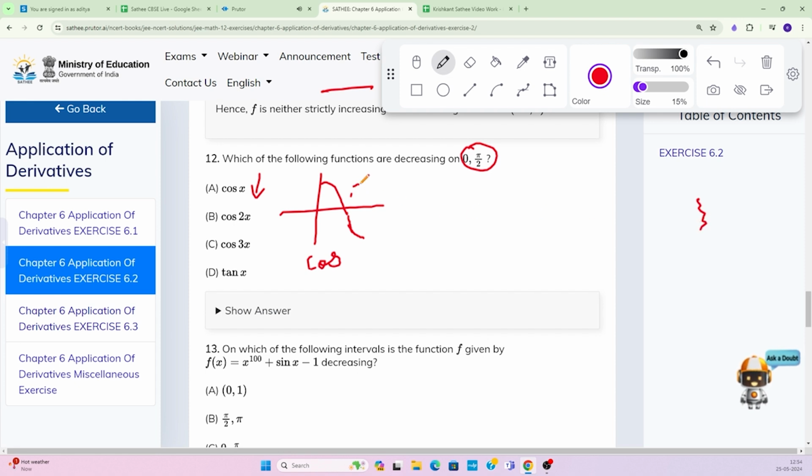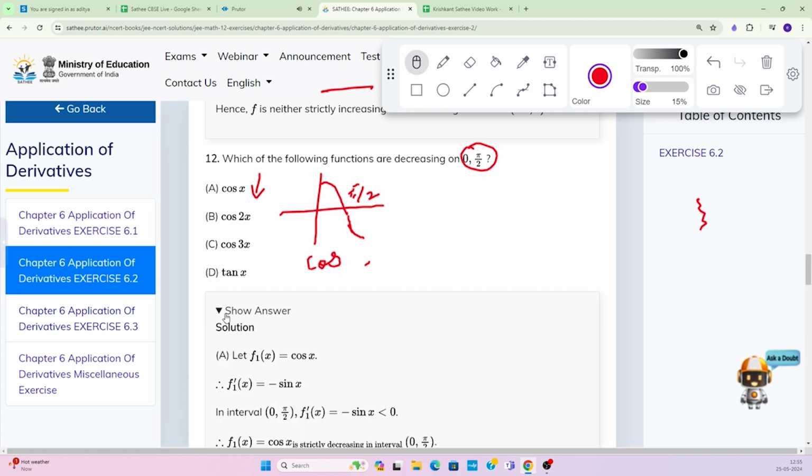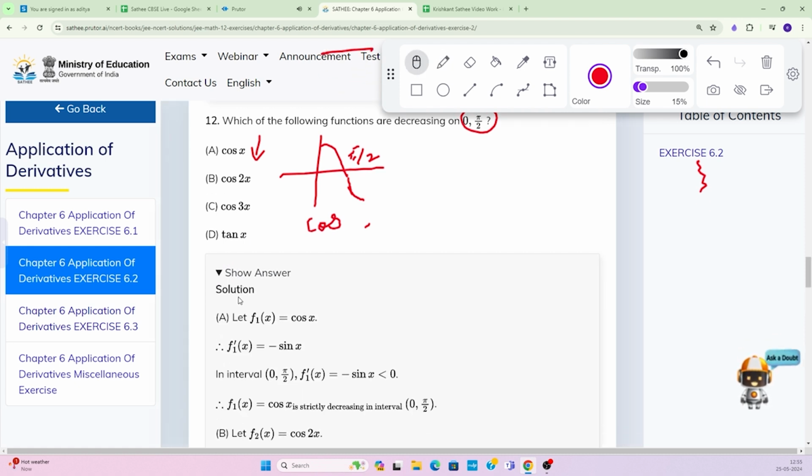Clear? Okay. Now the cos 2x graph, this is the cos x graph. Okay, the pencil is not working, so we will see the normal approach. Okay, clear? So obviously the approach is by using the concept of derivative.